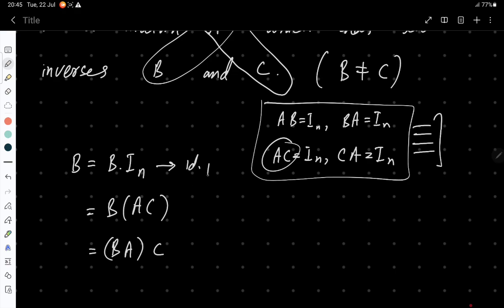And since C is the inverse of A, I have written this instead of identity.